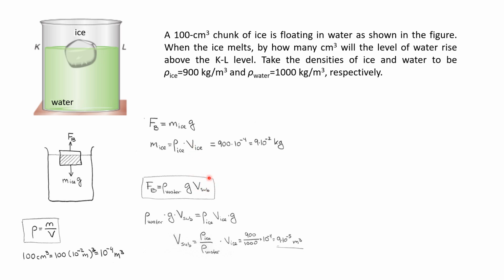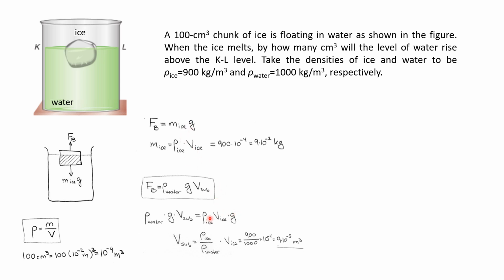So setting the buoyant force, which is rho liquid times g times the volume submerged, equal to the weight, which is the density of the ice times the volume of the ice times g, the g cancels out, and we divide both sides by the density of the water.